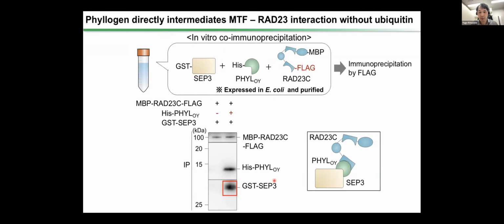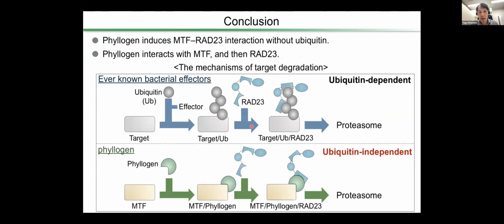The results showed CEP3 can interact with RAT23C only in the presence of FIL-OY, indicating the direct interaction of three proteins. That's the conclusion: the pathogen induces MTF and RAT23 interaction without ubiquitin.